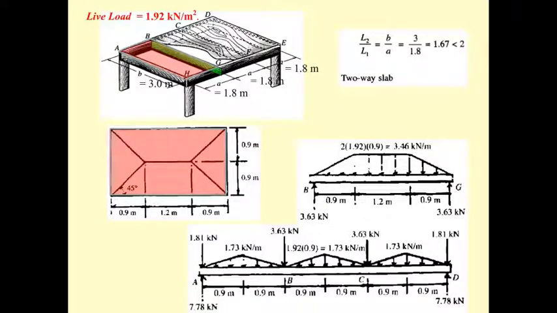Then I find the Vmax and Mmax, and I transfer the force back into this big beam, and I also assume the triangular loading to be a uniform loading. In this way, it's going to be easier to analyze and to find the maximum shear and the maximum moment of this beam.